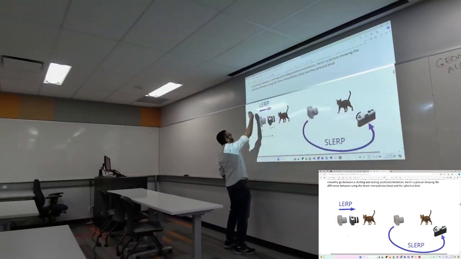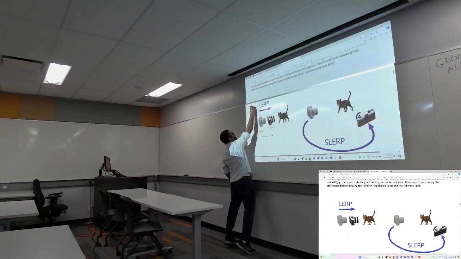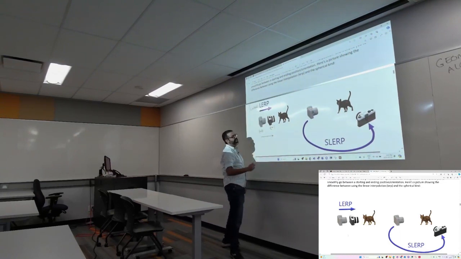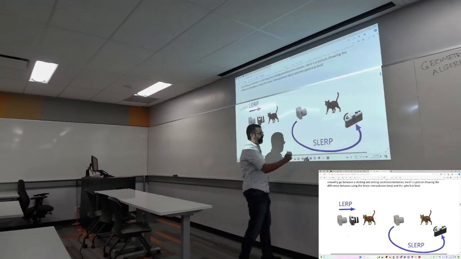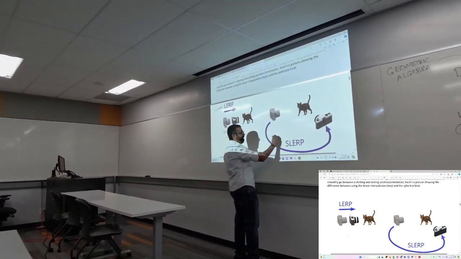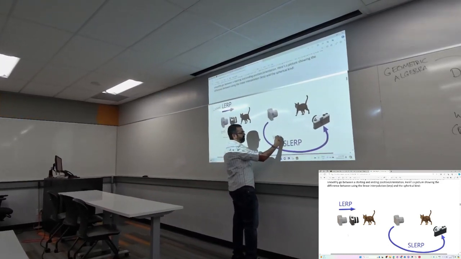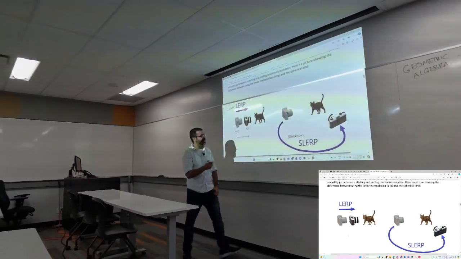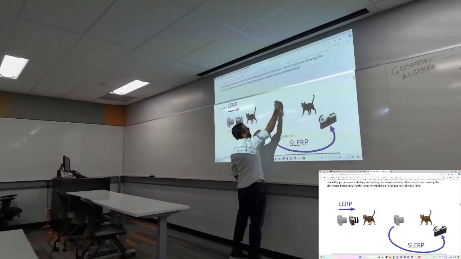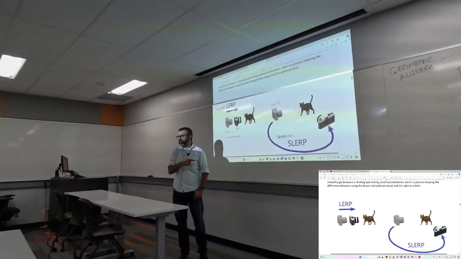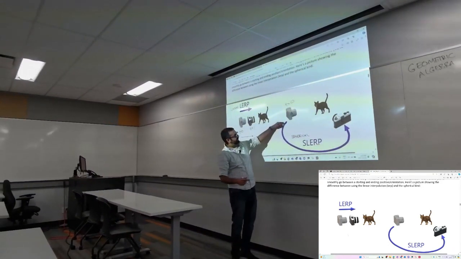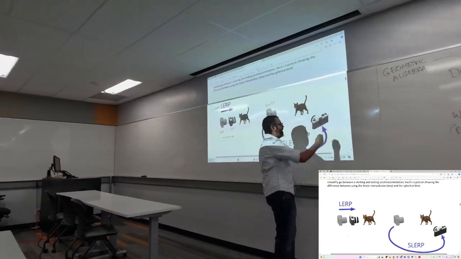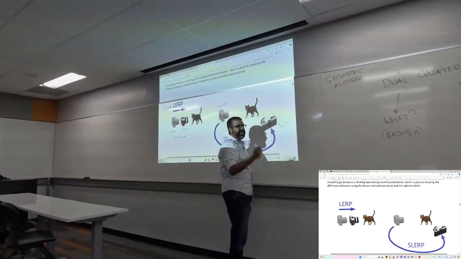The Lerp is a linear interpolation, and the Slerp stands for spherical. It'll be a similar idea. We'll start with t equals 0. When t equals 0, you're at the start. As t gets bigger and bigger, when it hits 1, you're at the end.